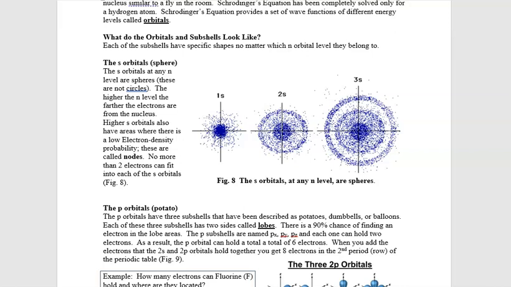And you notice that the 3s orbital has two of those kind of open spaces. Near the nucleus, it has a very dark blue area. Then it gets lighter, then a little bit darker again, kind of like a ring. And then it gets lighter, and then darker again, another ring. So these are nodes, so the electrons generally want to be where those darker areas are.